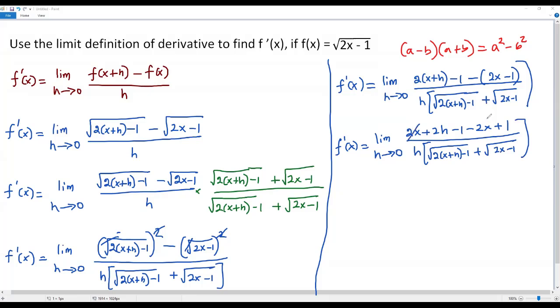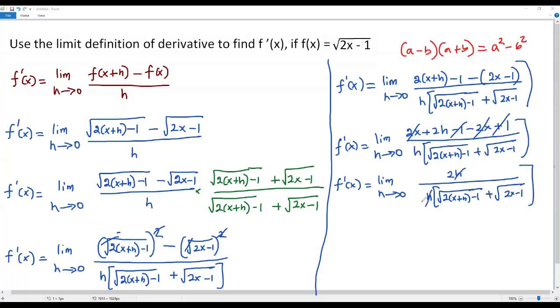So this +2x, -2x will cancel out. -1, +1 will cancel out. I get f'(x) equals the limit as h tends to 0, and we have just 2h in the numerator. And in the denominator, we have h times (square root of 2 times (x + h) - 1 + square root of 2x - 1). So this h and h will cancel out.